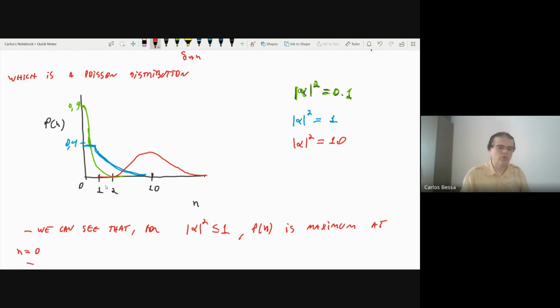And for alpha squared bigger than 1, p of n, like in the red case, has a peak at n equal to alpha squared. In fact, it's not exactly, but it's close. Peak close to n equal to alpha squared.